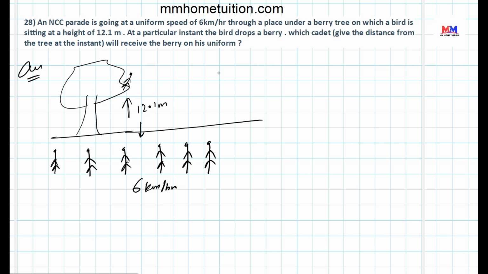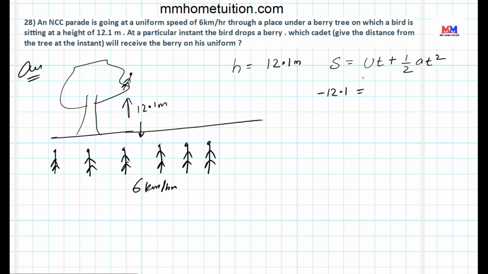So height is given, height equals 12.1 meter. The formula is S equals UT plus half AT squared. S is below the reference line, so this would be minus 12.1.